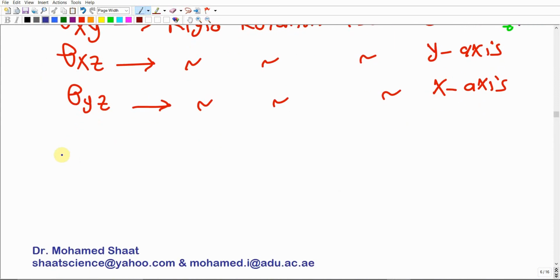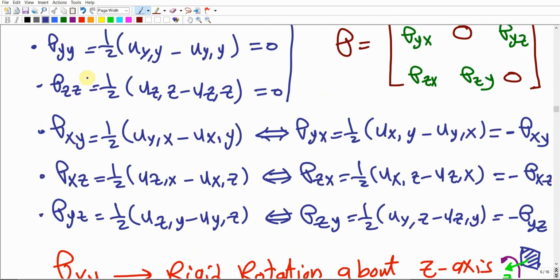For the rotation vector, I'm going to give it a theta vector here, just to indicate this is the rotation vector. It's going to be 1/2 the curl of the displacement. Why?